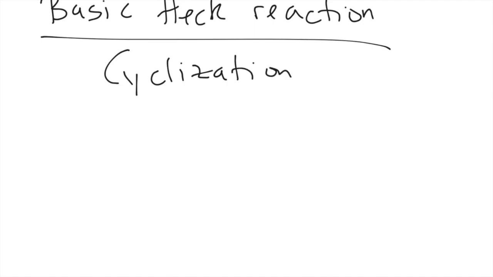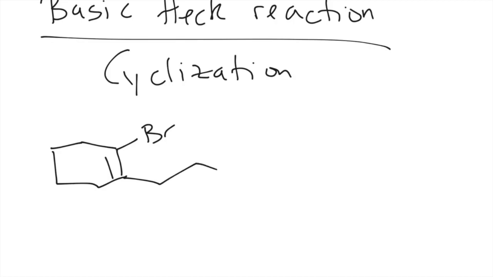You're going to have some double bond with a halide. And then you'll have another double bond somewhere else in the molecule. And you have your palladium source, and then whatever other things you had to add to it to make it work.